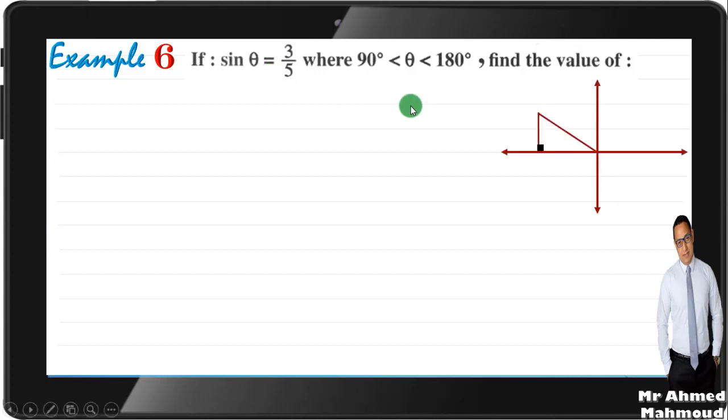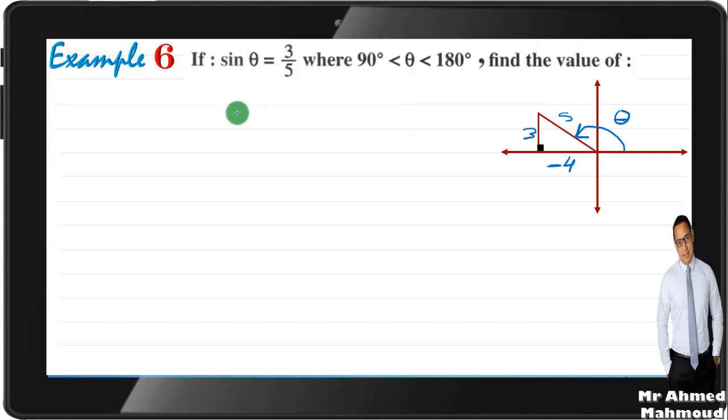This is theta in the standard position, and this angle related to theta is 180 minus theta. The opposite is 3, the hypotenuse is 5, the adjacent, by using the Pythagorean theorem, equals 4. Because this line belongs to the negative direction of the x-axis, it is negative.